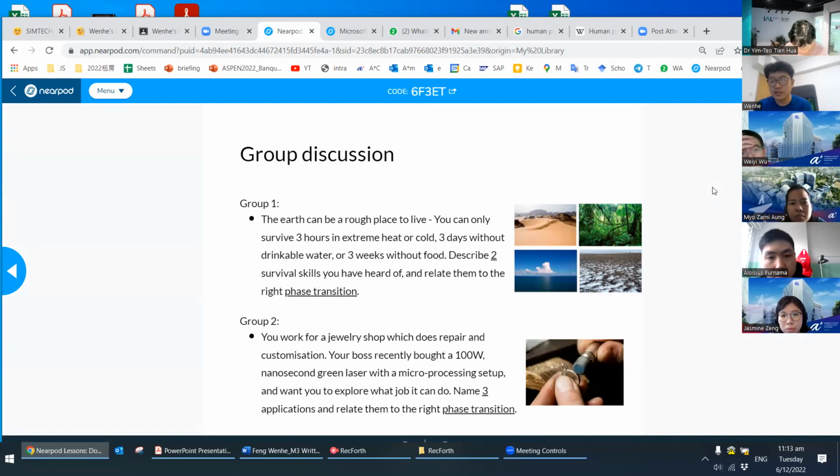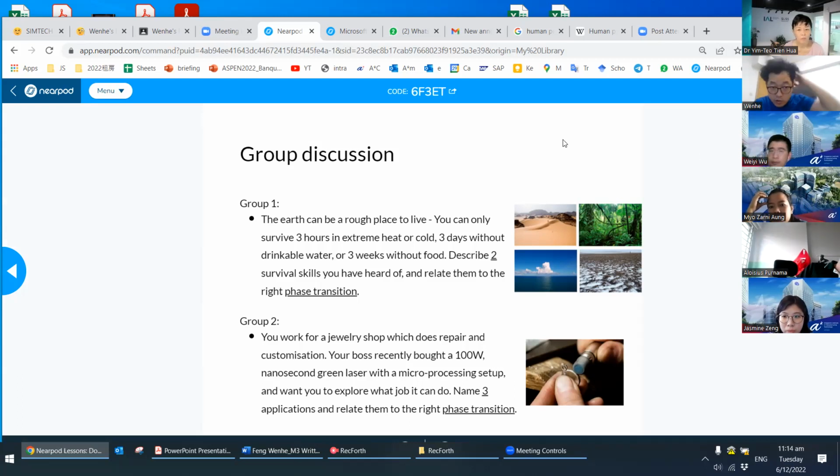So basically, the rule is that you can only survive 3 hours in extreme heat or cold, 3 days without drinkable water, or 3 weeks without food. So for group 1, I would like you to describe 2 survival skills you have heard of and relate them to the right phase transition.